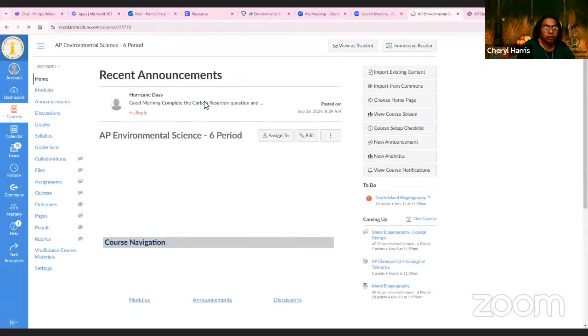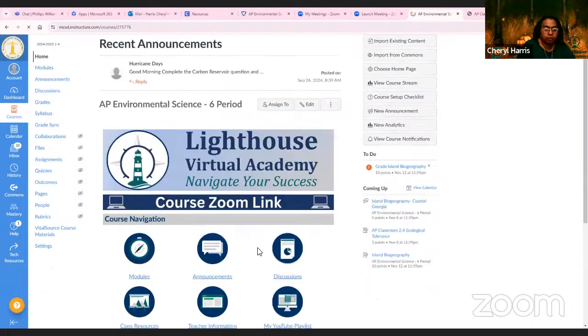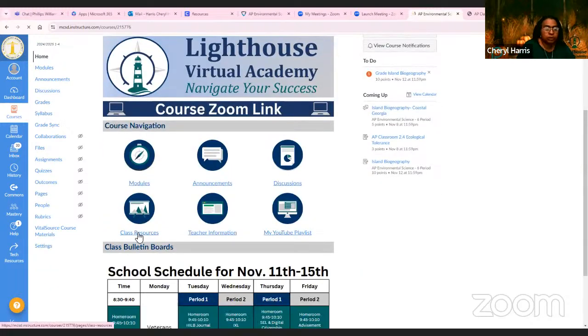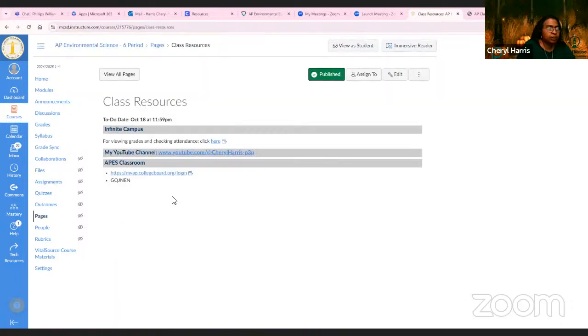Okay, so if you go to your home page, and this might be a refresher for everybody if you forget what to do, go to class resources. Down here it says AP Classroom. So you want to use that link to get in, and that's the code to get into this class.